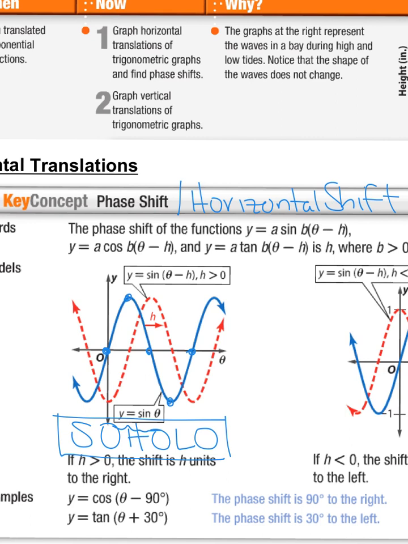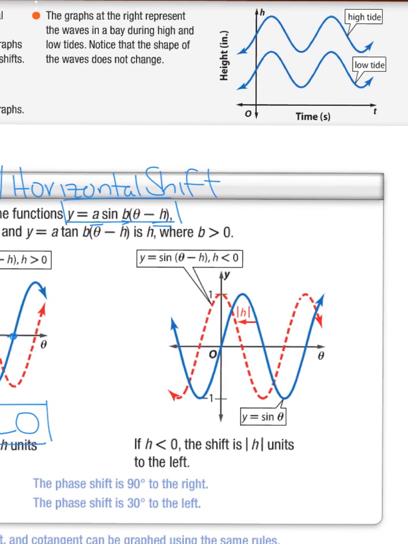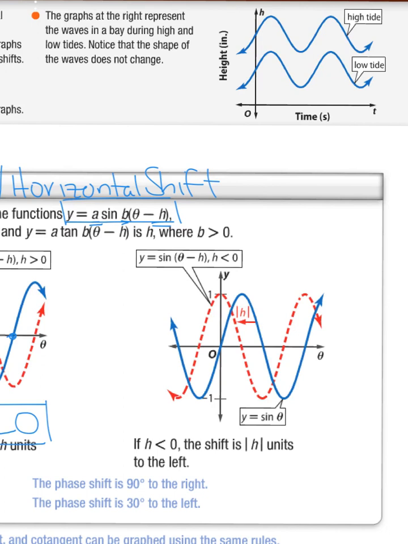Okay. But keep in mind, as we look at this, we have our general function up here. We still have our a value, we still have our b value, but now we have this h value. H should look very familiar to you guys. That's how we shift our graphs left and right. And if you notice, in this case, we're just shifting our graph left and right. So our sine waves today don't necessarily have to start at 0, 0.